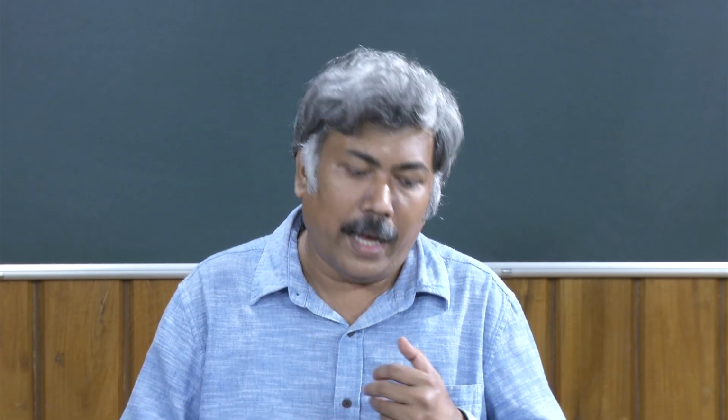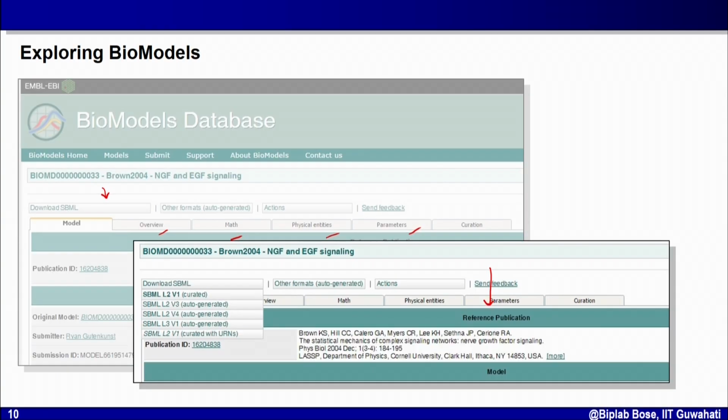For example, I can download the model for this particular NGF and EGF signaling by clicking here, download SBML, and you see I get multiple options to download the same model in SBML format. Suppose I download this one, SBML L2 version 1 curated, that means it has been manually corrected and curated. So if I download that file, I will get a model written in SBML.